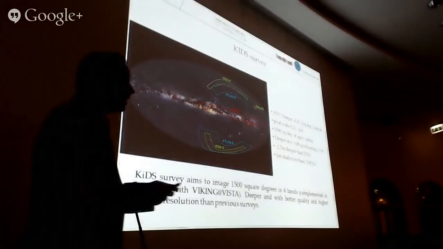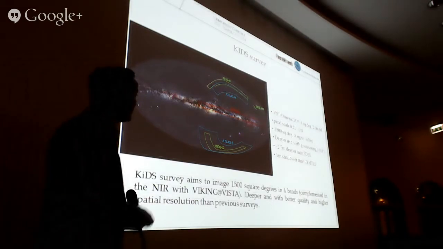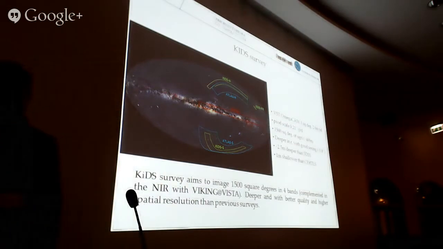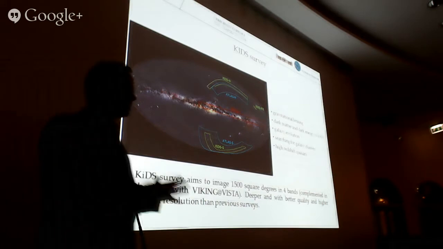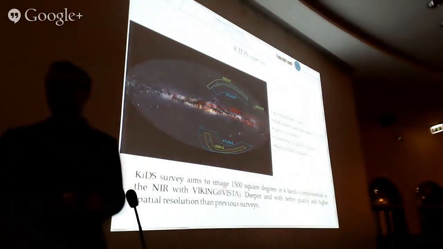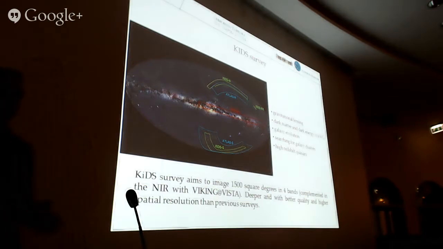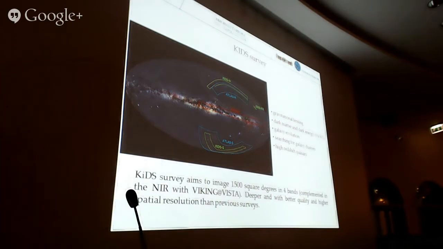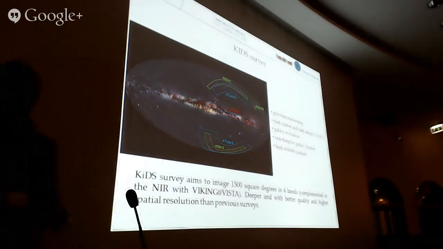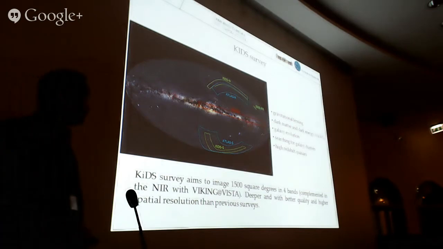Already in the last days, Magda and Mario have introduced the KiDS survey within VST. Here is a fast summary. KiDS aims at studying different topics: gravitational lensing, galaxy-galaxy lensing, the distribution of dark energy and dark matter in the universe by means of weak lensing, galaxy evolution, which is the topic of this talk, the search of galaxy clusters, and also high redshift quasars.